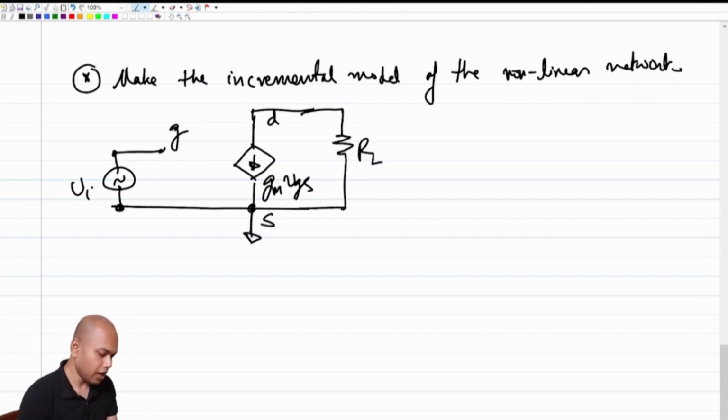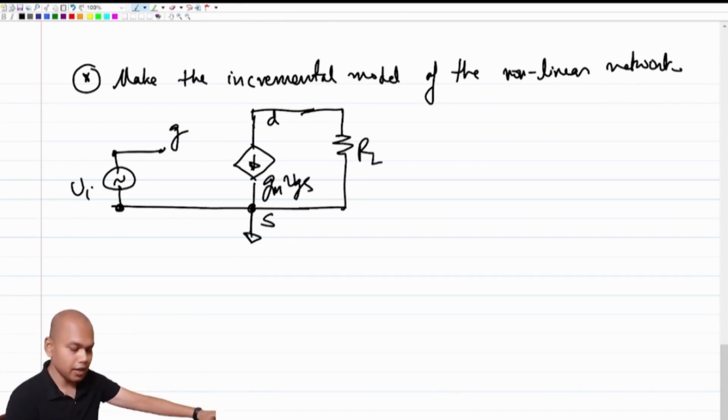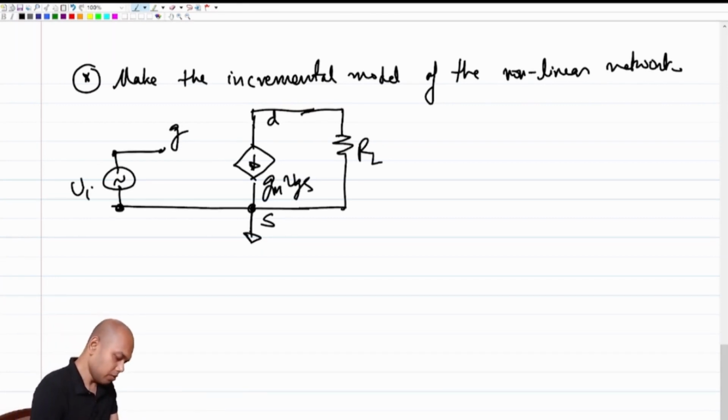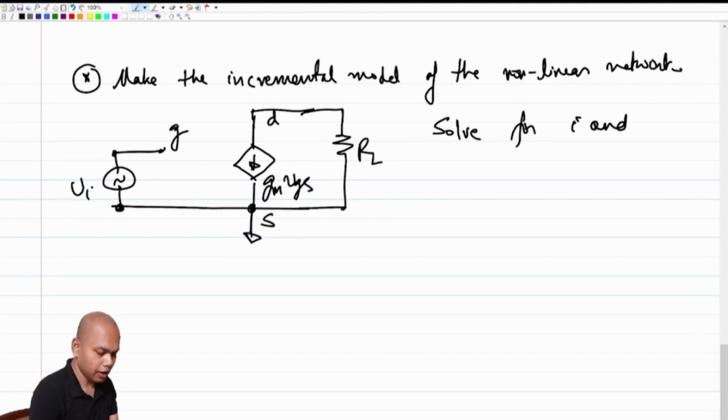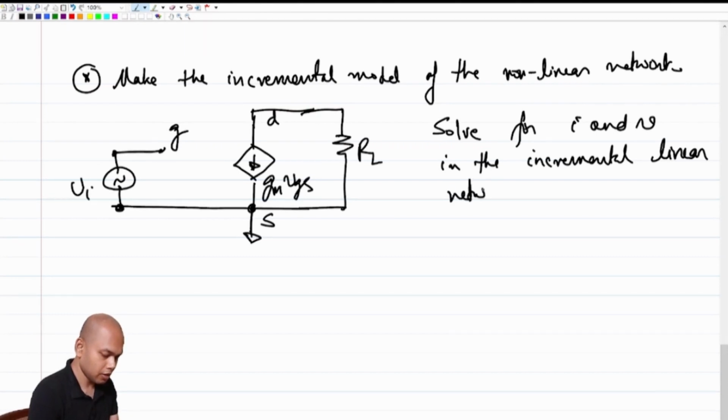Now note that this is a completely linear network. So what will you do? We will solve for I and V in the incremental linear network. And what will be step 3?